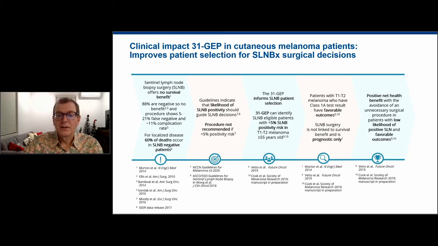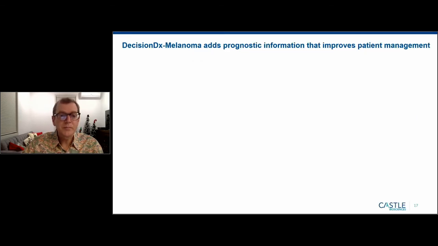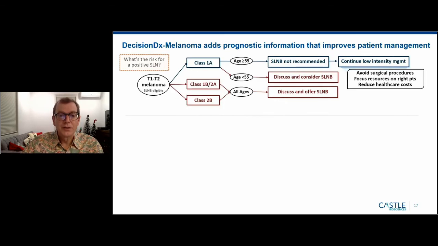And because this is prognostic only, if you can exclude patients from getting this assay and they still have good outcomes, you essentially get a positive net health benefit of avoiding unnecessary surgery as well as imaging in some of these patients. So we have two flow sheets to kind of look at here.